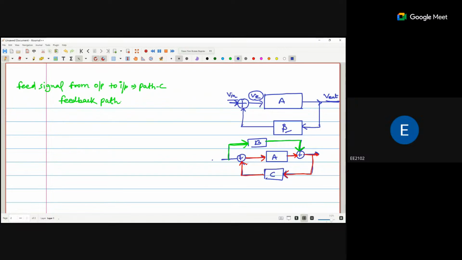And second, if we feed signal from input to output, that is the path B. That is the feed forward path.